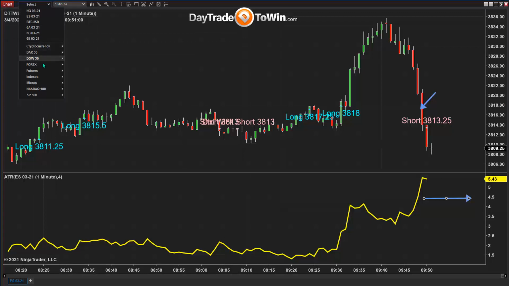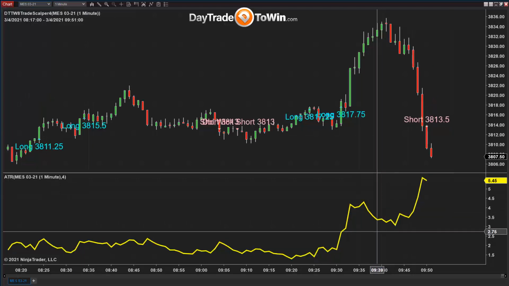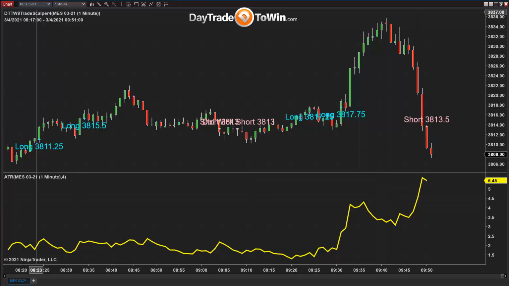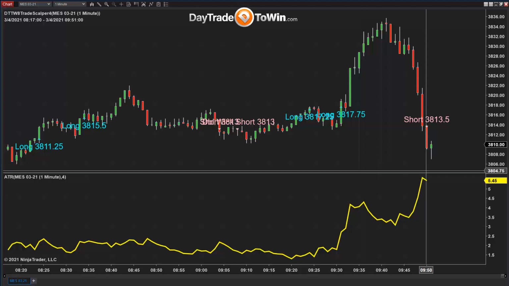It's the MES contract, which is right here, MES Micro E-mini 0321. Right? So if I click on that, you can see as this updates and changes, it's exactly the same. It's just the Micro E-mini. It's the dollar value, and the amount you lose or the amount you make is much smaller. It's 1/10, I should say, 1/10 the amount. All right, Deontay?